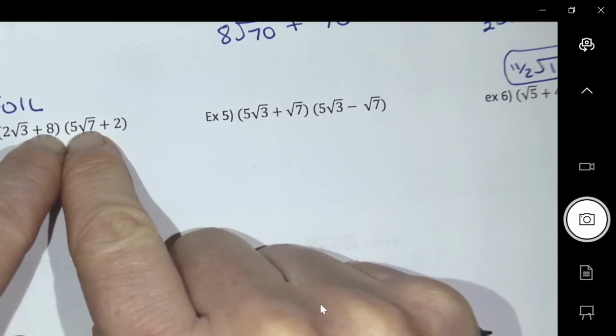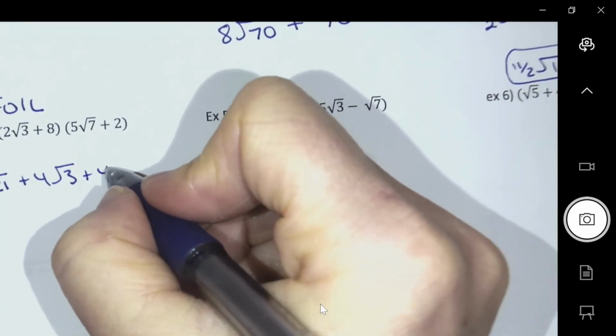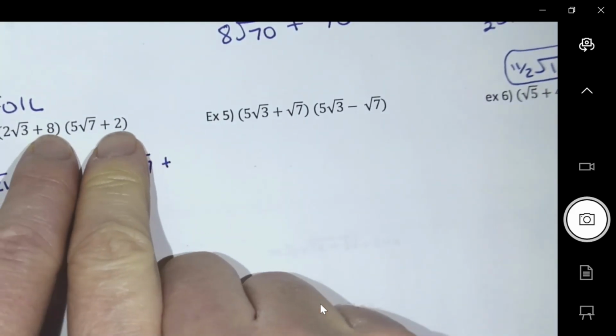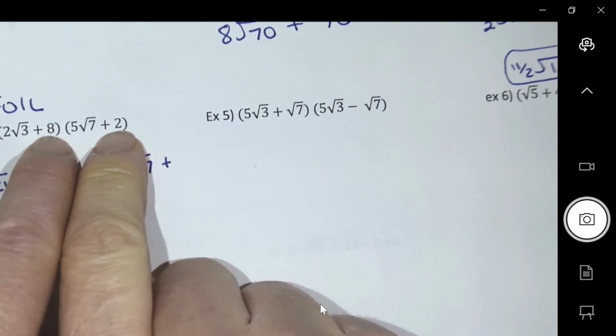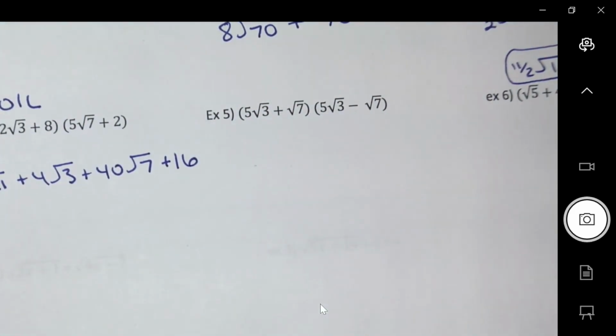Whole numbers together, 40, and then a root 7. Last is an 8 times 2, so 16. Is there anything to break down? Nope. I can't combine anything. We're done.